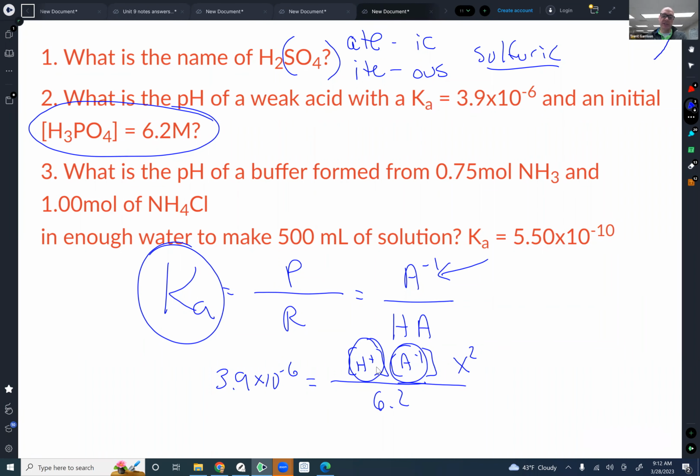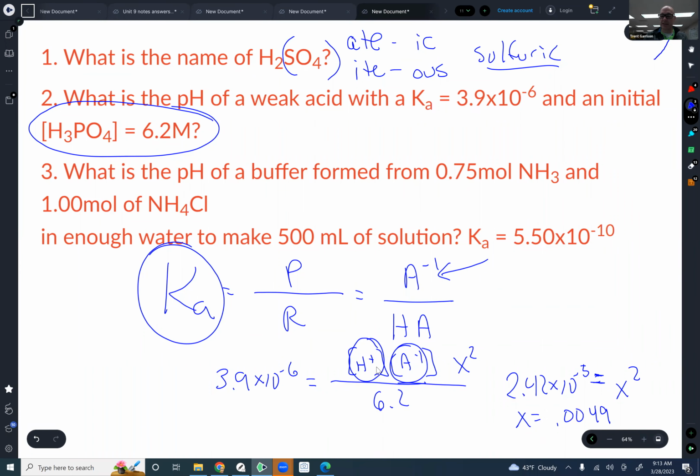All right, so let's simplify this. 3.9 to the power of negative 6 times 6.2. That's going to give me 2.42 times 10 to the negative 5 is equal to x squared. So then I'm going to do the square root of that value to get my x, and that's 0.0049.